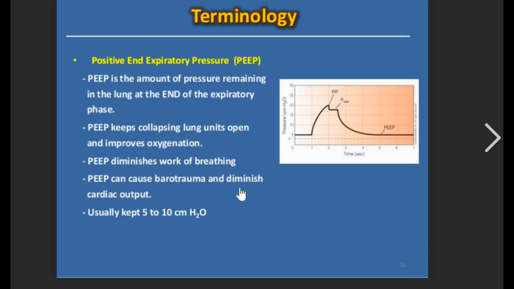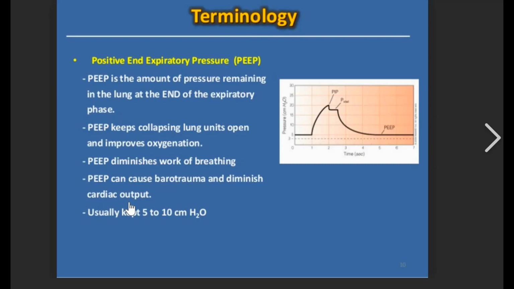And when you provide high pressure to the alveoli, the intrathoracic pressure, the pressure in the thoracic cavity, increases. So when the pressure increases, the venous return, the blood supply to the heart, decreases because there is high pressure in the thoracic cavity. As a result, cardiac output decreases.